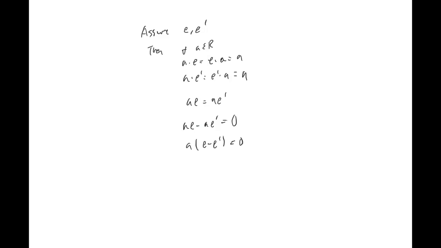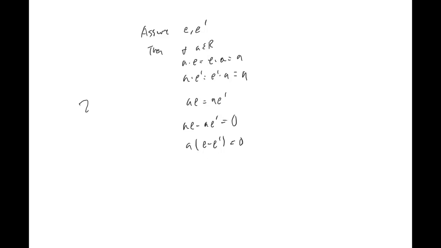But their difference need not be a unit, right? In fact, you're trying to show they're equal, so if your goal is to show they're equal, this thing is 0.